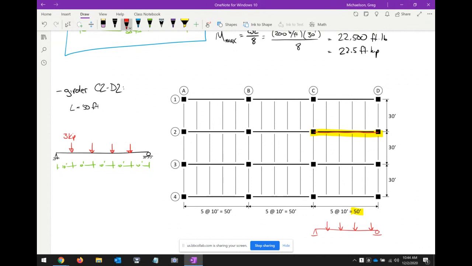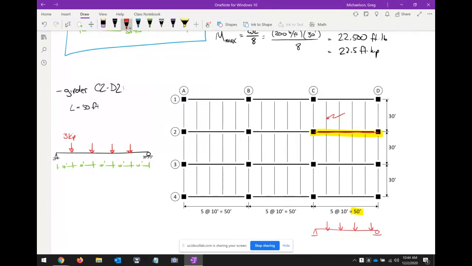But let's take a look at the framing plan, okay? What's happening right here? How many floor beams are framing into the girder right there? Is it 1 floor beam or is it 2? It's 2, right?